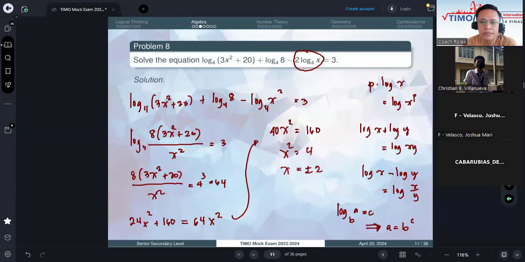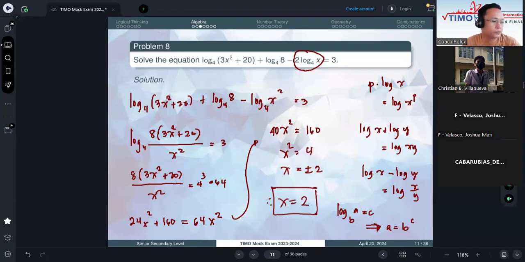But if you replace this x by negative 2 into the third, the one that I encircled, we will arrive at log of negative 2 base 4. And log of a negative number again is undefined. So that is why we will not accept x is equal to negative 2, and we will only accept x is equal to positive 2.